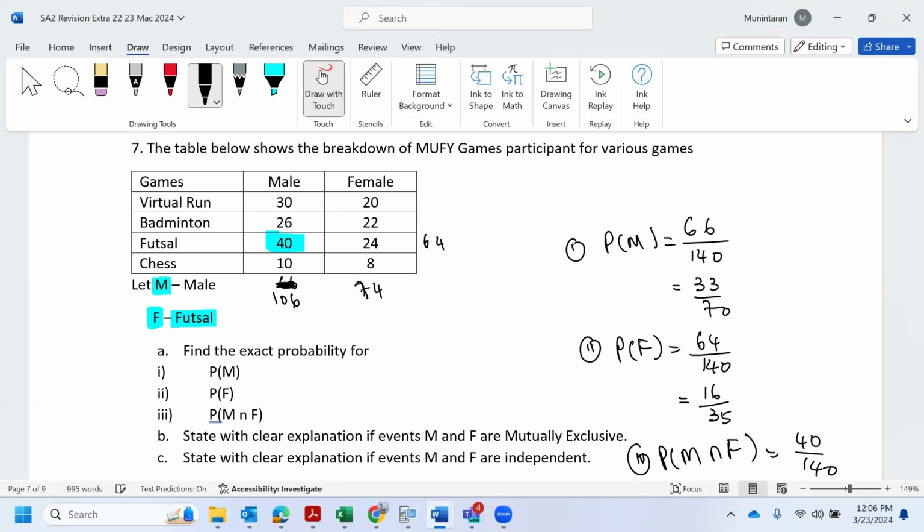Okay, something is not right. Anyway, so sorry for the error. So that is actually 106, 180. All this is not right. So male is 106 over 180.